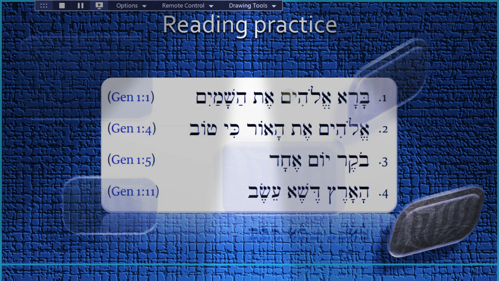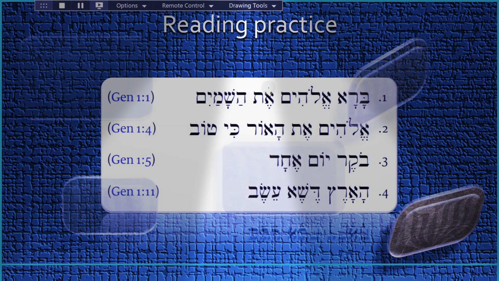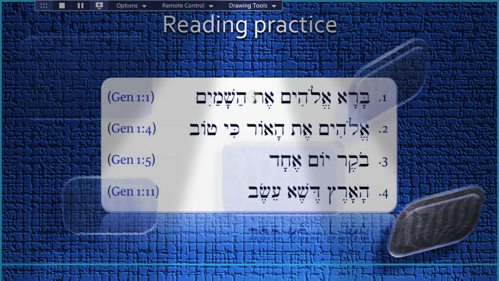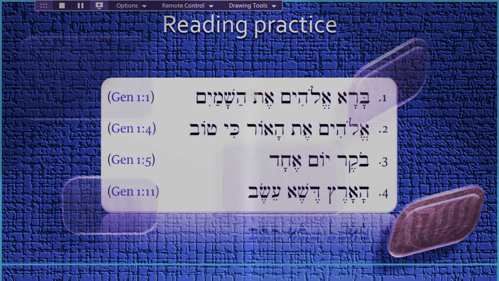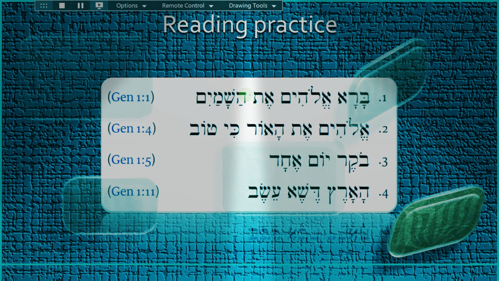L-O-Im. That means God. So God created. Read the third word. Et. We don't translate this word. This just tells us that the definite object is coming up next. The direct object, and it's definite, meaning it's very specific.